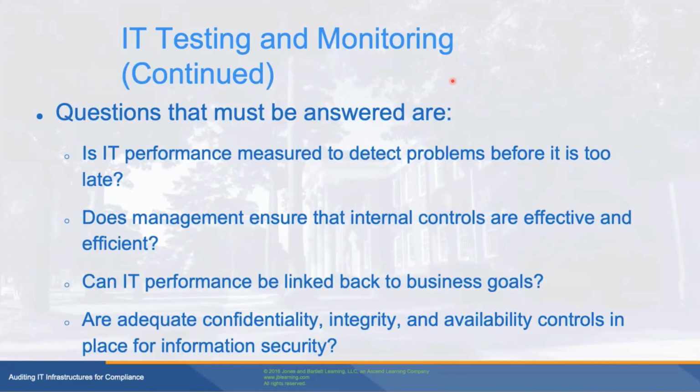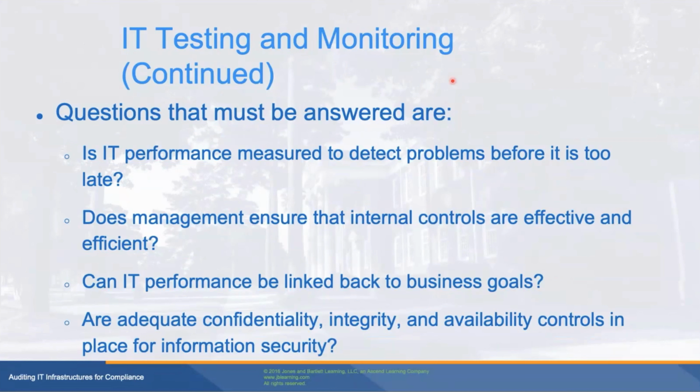When we test our IT systems and monitor them, there are some questions that have to be answered. Are we checking the performance of these controls? Are we checking them often enough, so that when we find something, is it too late to fix it, or have we had a big loss?